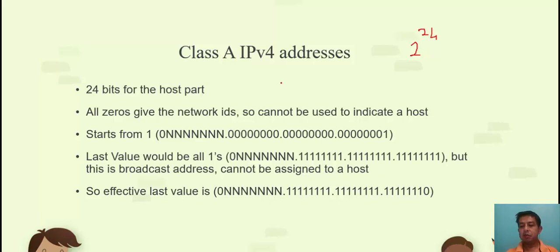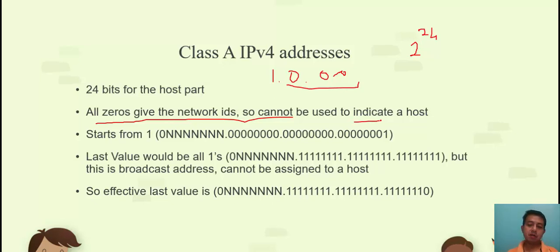Clear? The first number is obviously all zeros. If I use all zeros, it becomes the network address itself. That means I have bought this address. The first organization has bought 1.0.0.0. So if these 24 bits for the host part are all zeros, it is the same address. So all zeros cannot be used to indicate a host.